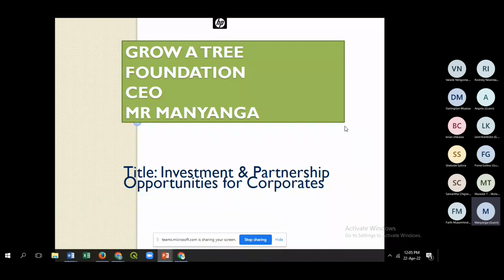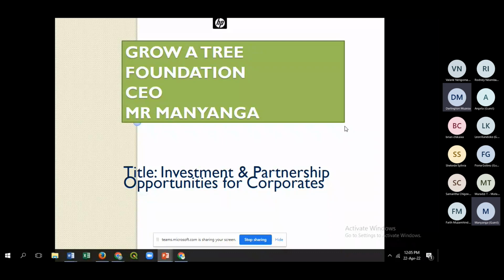So as a foundation, we have come up with simple measures that will allow corporates to ensure that they comply with international regulations, but also improve their corporate social image as champions of the environment. So there are options through afforestation and reforestation programs, where we link our schools.